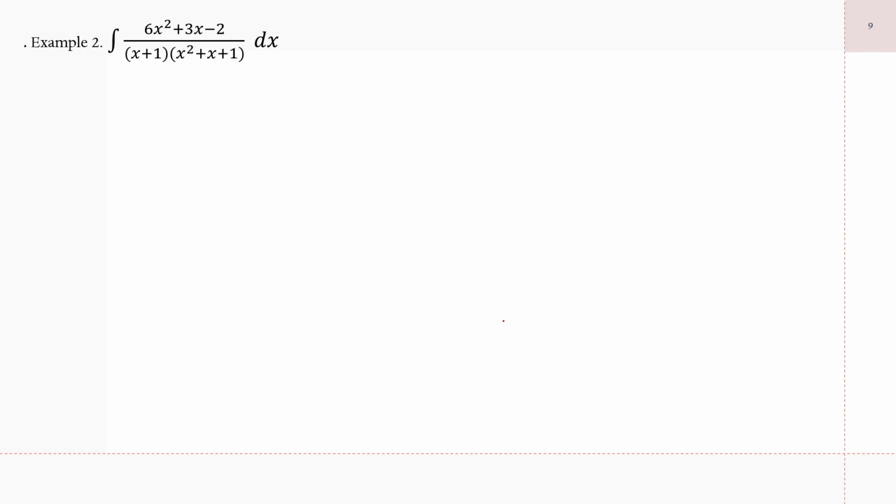In example number 2, this is 6x squared plus 3x minus 2 over (x plus 1)(x squared plus x plus 1). This is case number 2.